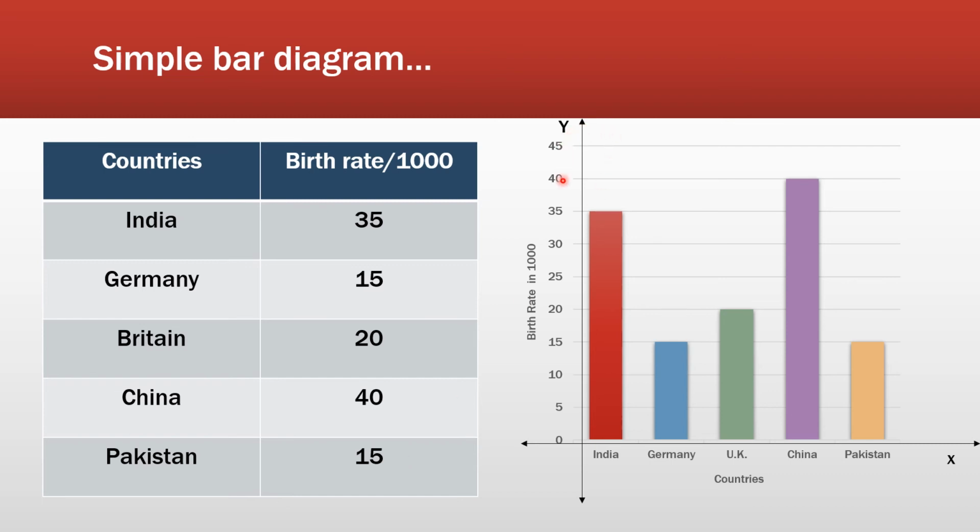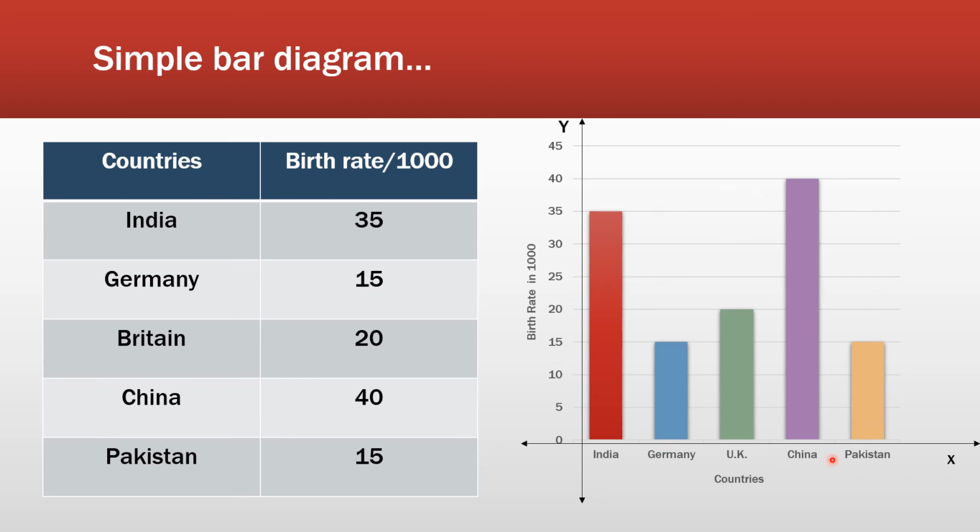The birth rate, the value that is changing in this table, is represented on the y-axis, and the various countries are represented on the x-axis. It clearly shows us that the birth rate here is 35. In the case of Germany, it's 15. In the case of UK, it's 20. In the case of China, it's 40. And in the case of Pakistan, it's 15.